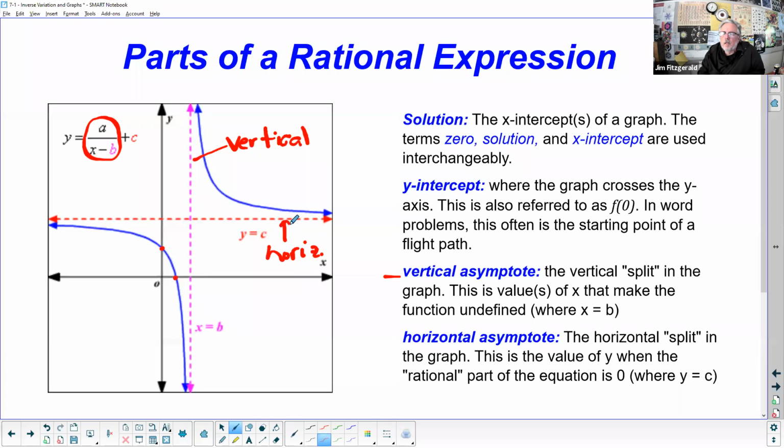The horizontal asymptote and the vertical asymptote are really the things that define the graph. And where those asymptotes cross, this part right here, is the coordinate (b, c). It's not actually a point on the graph, but it's where those asymptotes cross. It's kind of the center of that graph.